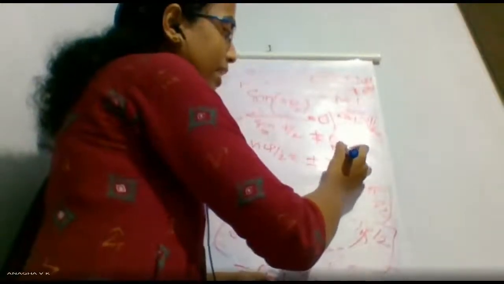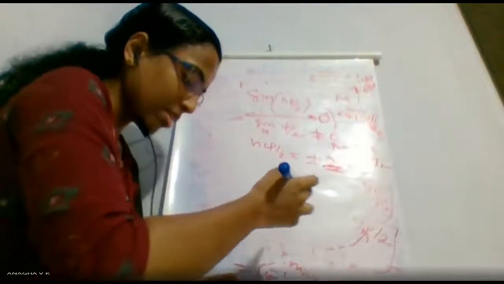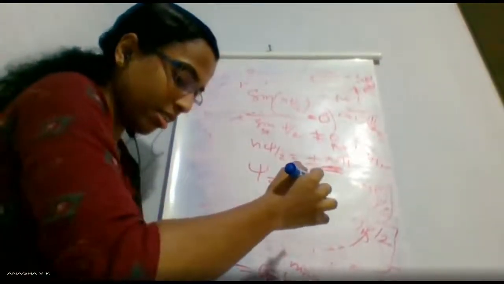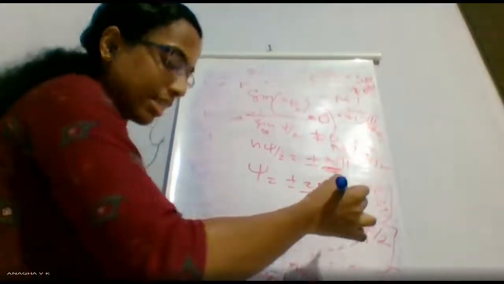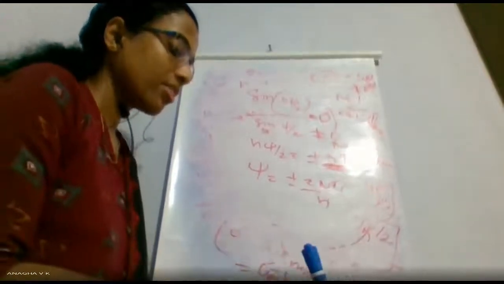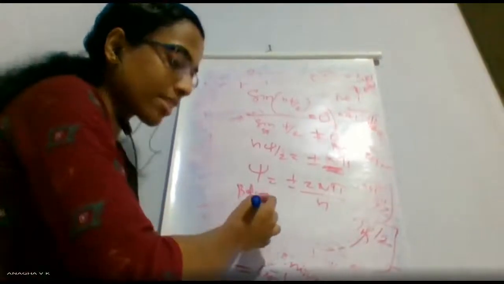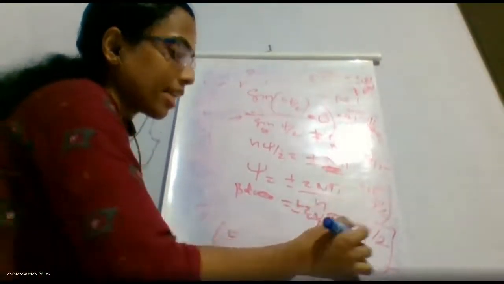So n is equal to 1, 2, 3, etc. So ψ is equal to plus or minus 2nπ by N. So ψ, that is βd cos θ, is equal to plus or minus 2nπ by N.